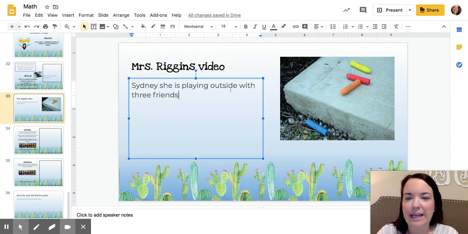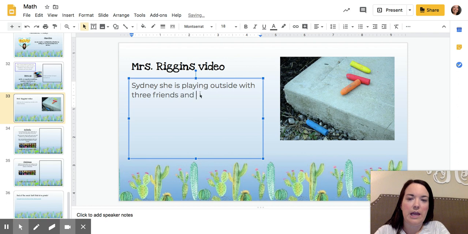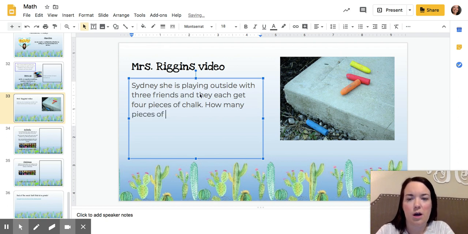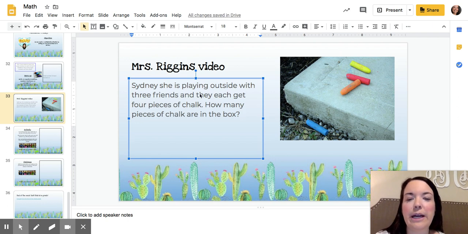And they each get, and this is where the picture comes in, 4 pieces of chalk. How many pieces of chalk are in the box?